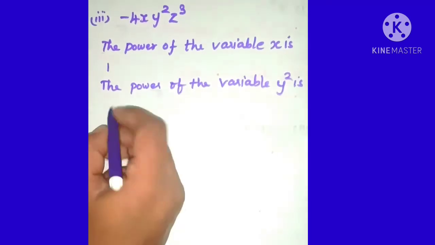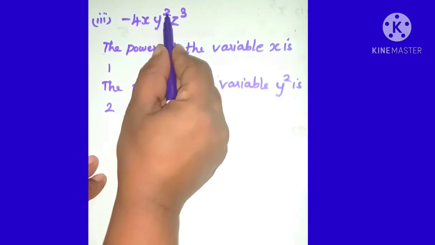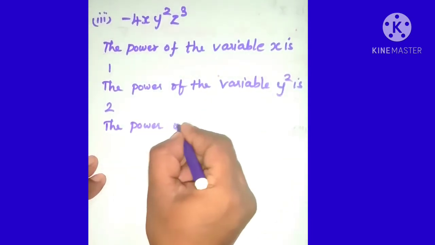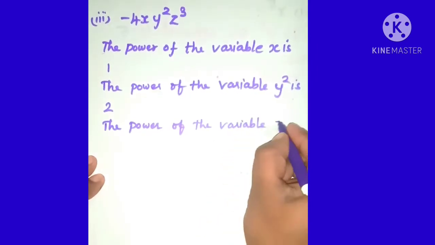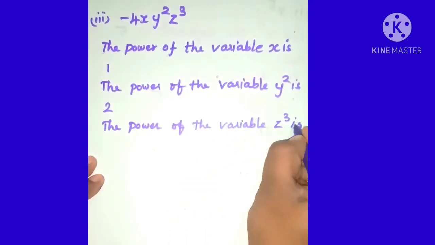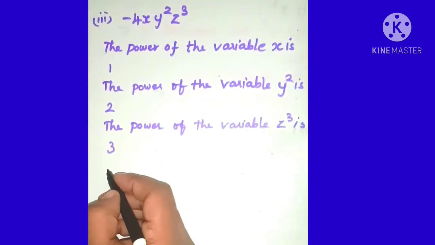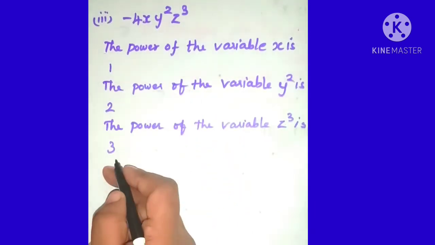Which is 2. The exponent or power of the variable y is 2. And the power of variable z cube is 3. Now, to find the degree of the term minus 4x y squared z cube, we need to take the sum of these powers, isn't it?